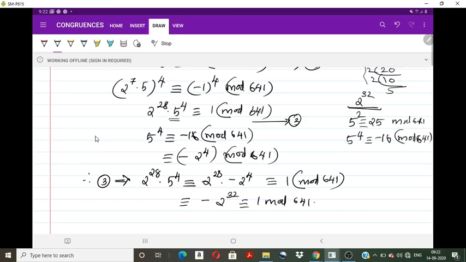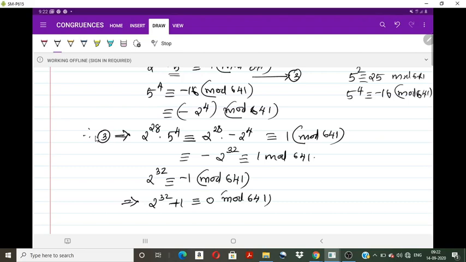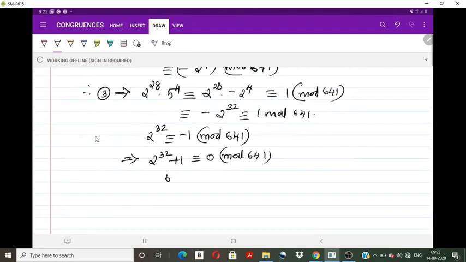Or we can write this as 2 raised to 32 is congruent to minus 1 modulo 641. Or we can have 2 raised to 32 plus 1 is congruent to 0 modulo 641. That is, 641 divides 2 raised to 32 plus 1.